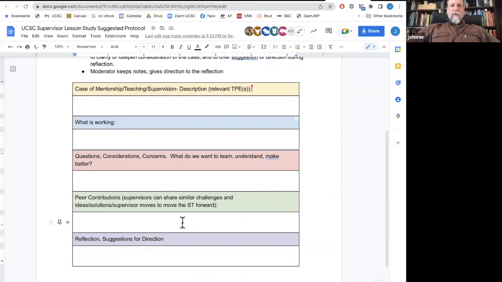I appreciate that you did this. I've done the same thing and I found it to be worthwhile. And then people will often follow with, I wonder about, or have you tried, ways to move us all forward. And then in the closing conversation, we write down reflections, selections, suggestions for direction. So that's the protocol that we use in our lesson study work with our peers.